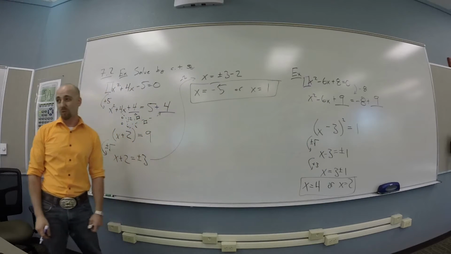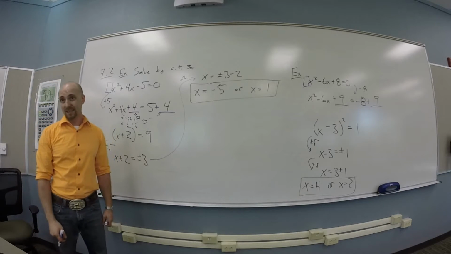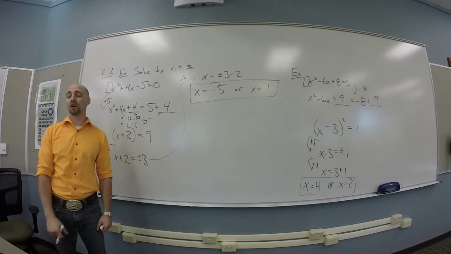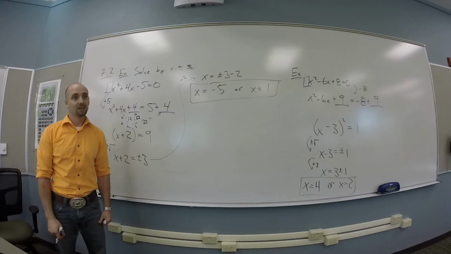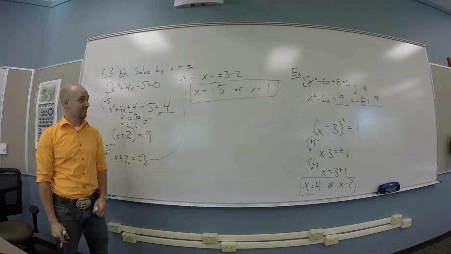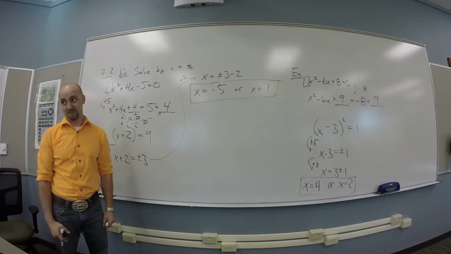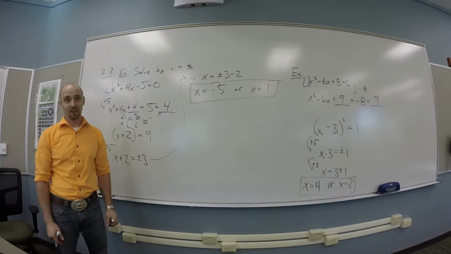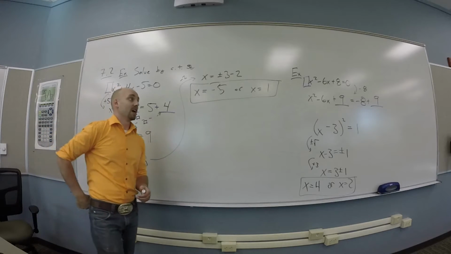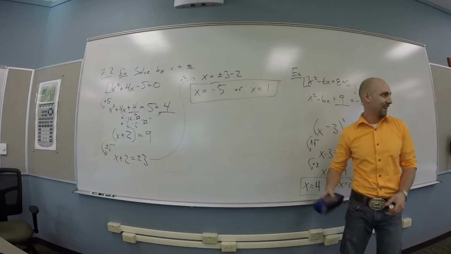If A isn't 1, the first thing you have to do is divide by A to get A equals 1. This technique doesn't work if A is not 1. What else could be a problem with this technique? If there's another variable, you're totally screwed. This technique's not going to work.